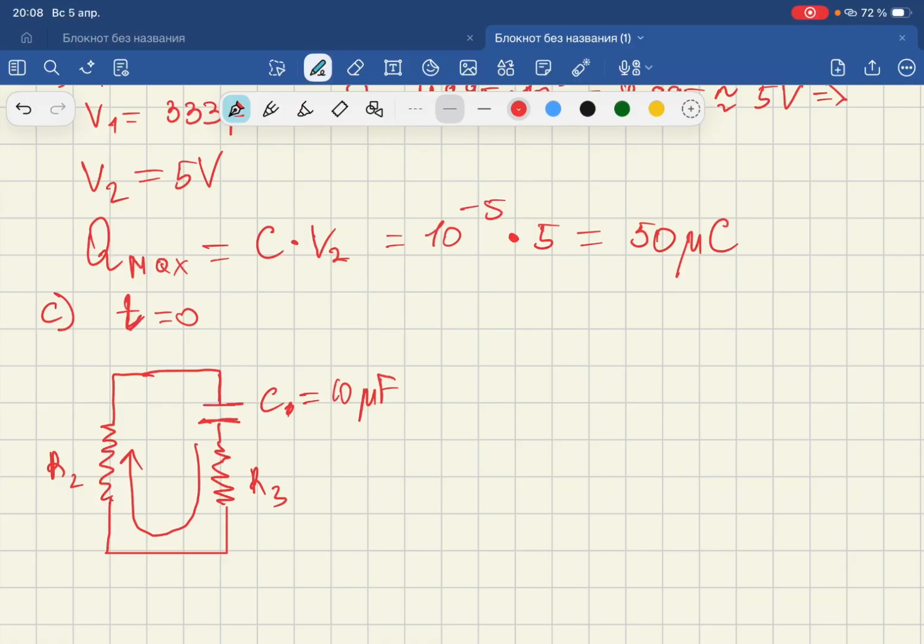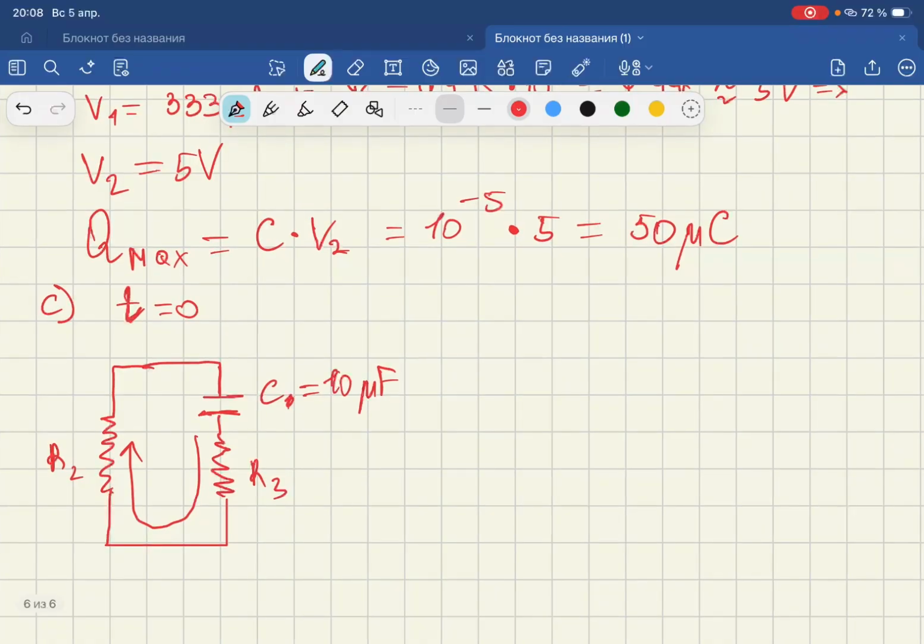Now we have to write the equation. The equation depends on the changing of charge, which is the current that is changing depending on the time. So first of all we write minus dQ divided by dt. Why?